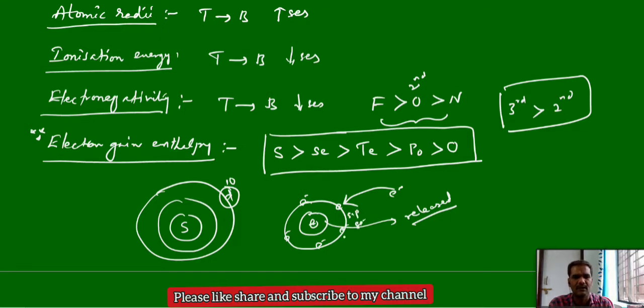Oxygen already has 6 electrons in the valency shell, but the space is very limited. In sulfur, again there are 6 electrons, but it can accommodate 12 more. The empty space is more. So we can add an electron more easily to the sulfur valency shell than to oxygen.